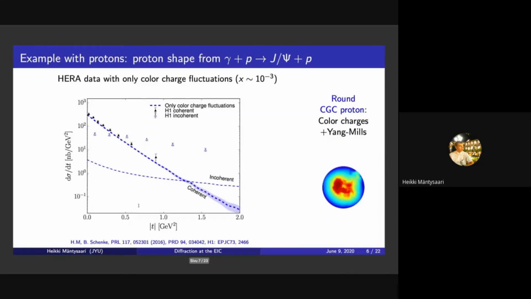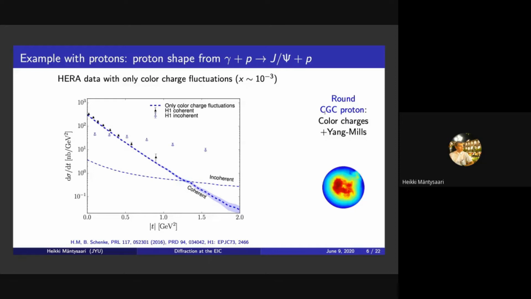So we did this exercise already a couple of years ago with Björn Schenke. There is plenty of data from HERA with proton targets. So considering photon-proton going to J/psi plus proton, the data is basically probing Bjorken x roughly 10 to the minus 3. Now, we can calculate from the CGC, as I mentioned, how the dipole interacts with the proton.